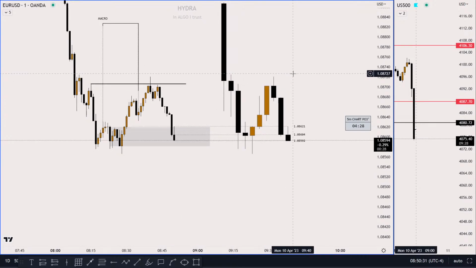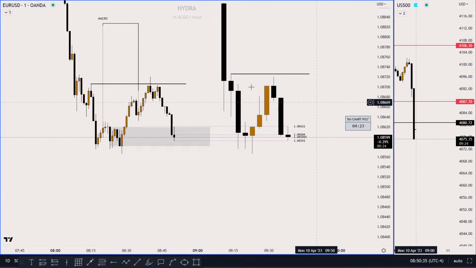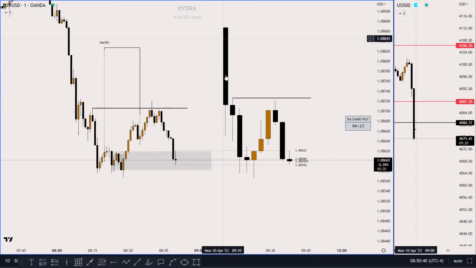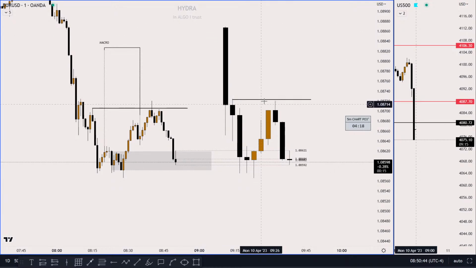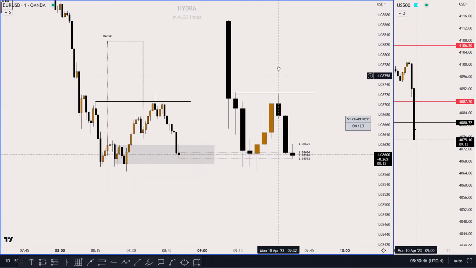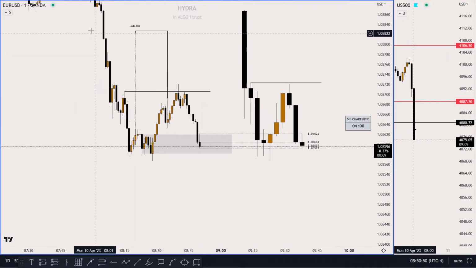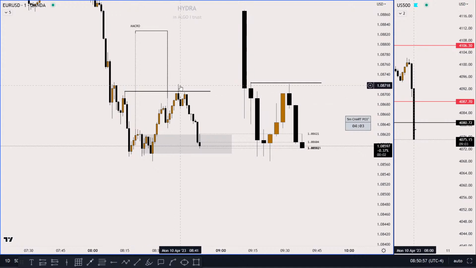And I do also see relative equal highs on the 5-minute chart. The candles that you see right here are the 5-minute candles from the 5-minute chart, and we do have an unfilled fair value gap above. So just keep that in mind, right? Price did leave an equal high on the 5-minute chart, but on the 1-minute chart, price did go above a swing high, and price did hit a premium zone.